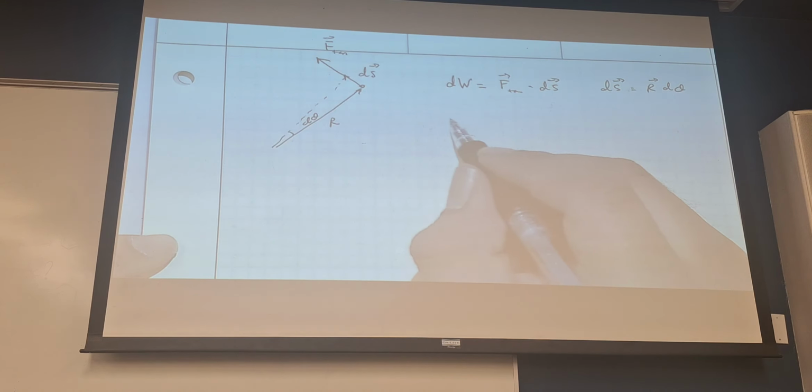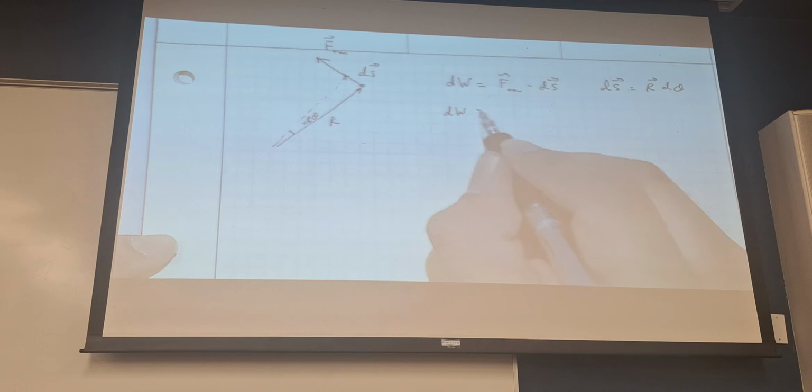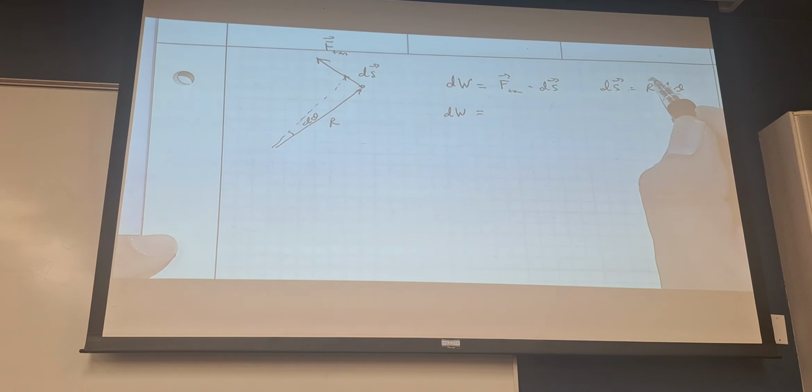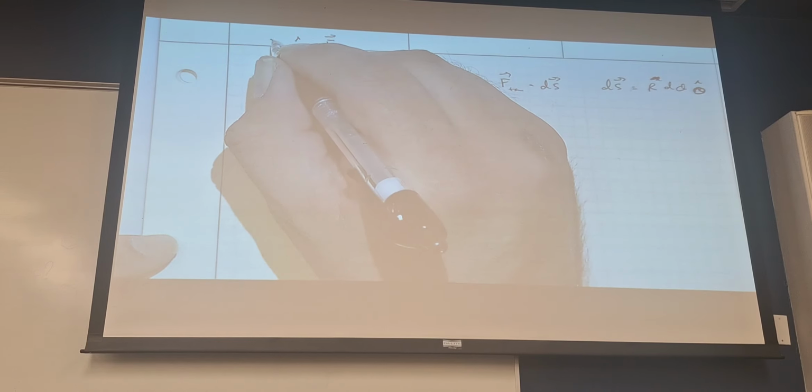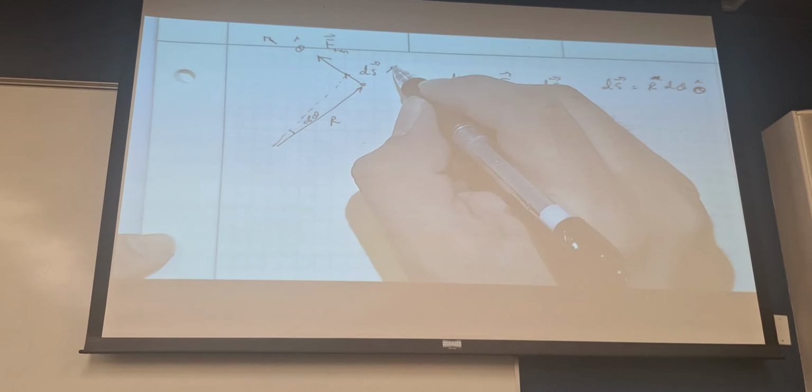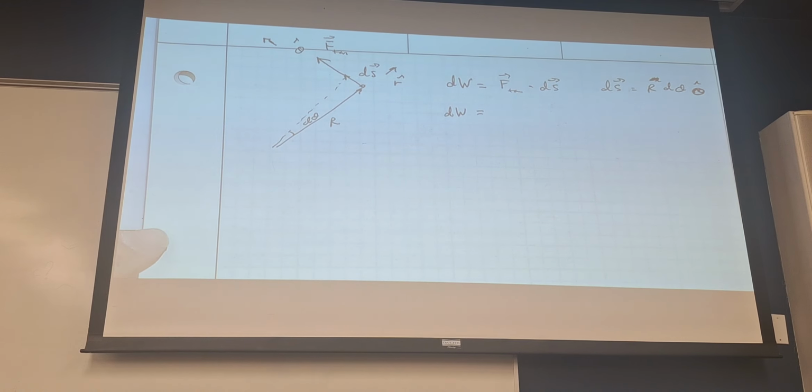And so you have dW equals, actually we don't need this anymore, it's just, sorry, not r hat, theta hat. So this is the theta hat direction, this is the r hat direction.